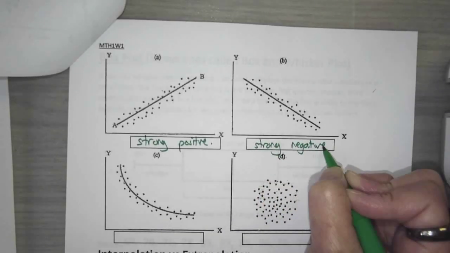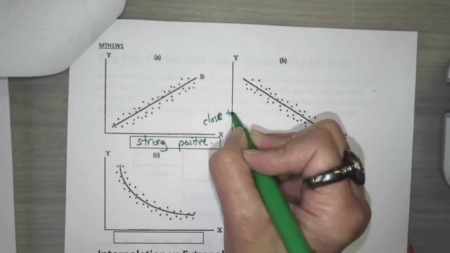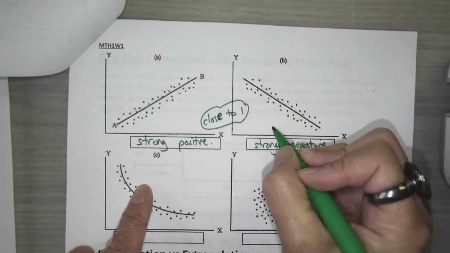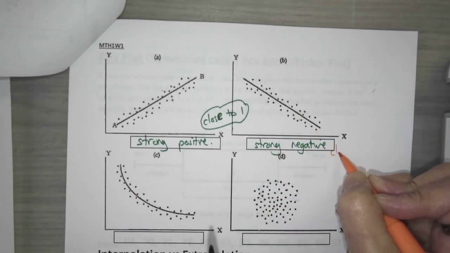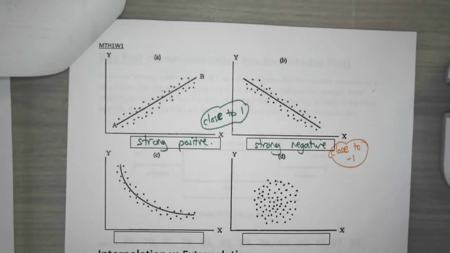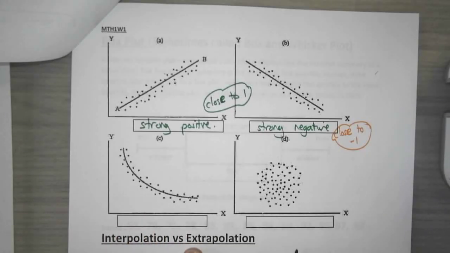This one I would consider to be a strong negative. And when I say strong, it should be close to 1. Close to 1. Right? And this one would be close to -1.